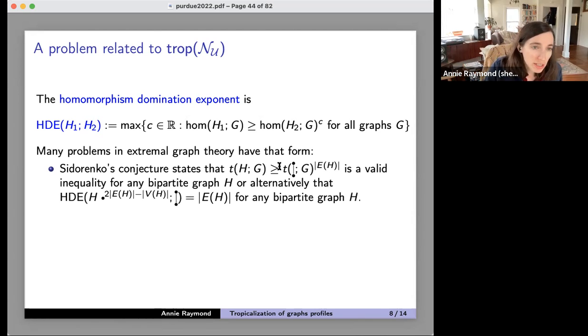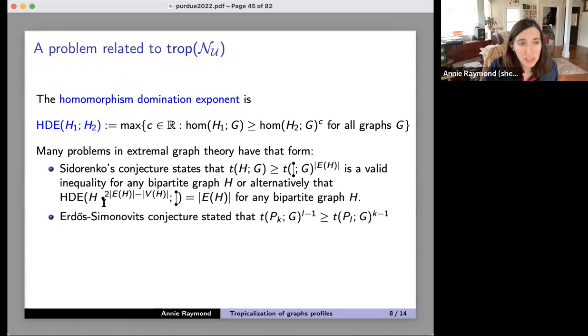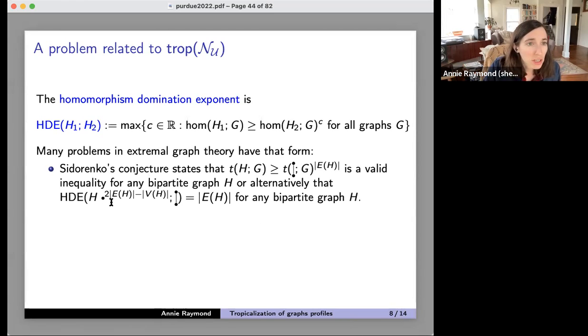You can rewrite this as saying that I am looking at the homomorphism domination exponent of these two graphs: my bipartite graph H together with 2 times the number of edges in H minus the number of vertices of H disjoint copies of one vertex. That's my H1, and my H2 is a single edge. If I could show that the exponent is the number of edges in H, that's exactly showing this.